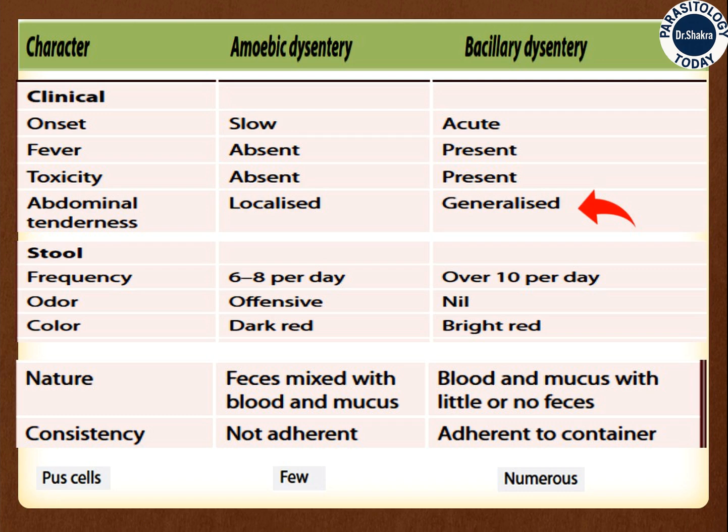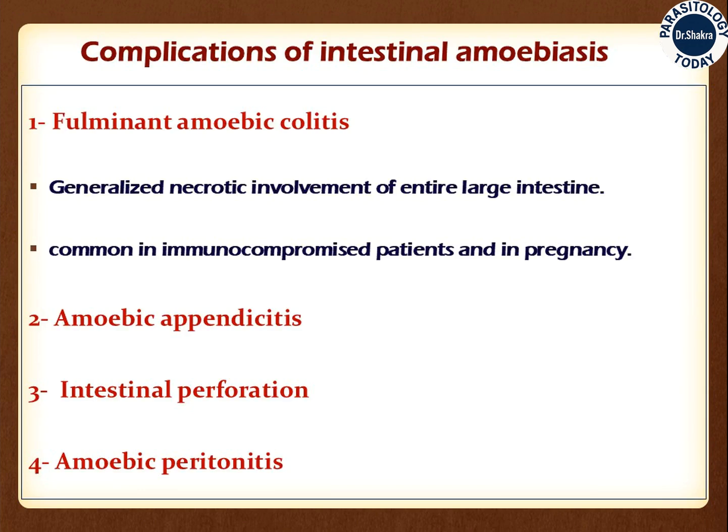Frequency of 6-8 times a day, offensive odor, dark red color, feces mixed with blood and mucus, non-adherent consistency, few pus cells. Bacillary dysentery. Frequency over 10 times a day, no odor, bright red color, blood and mucus with little or no feces, adherent consistency, numerous pus cells.